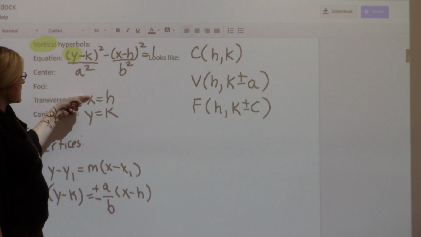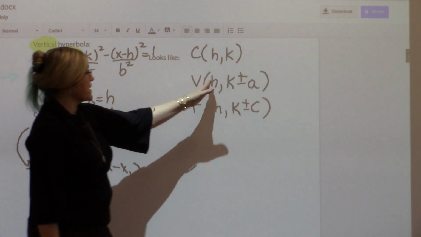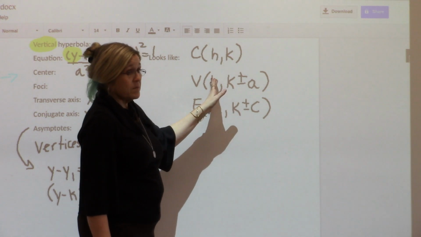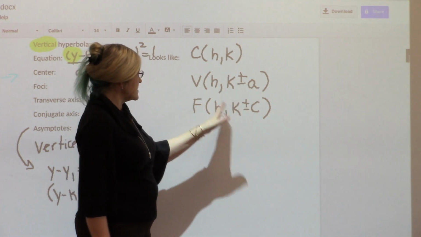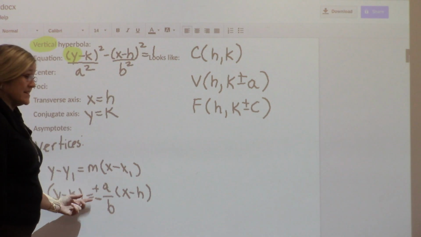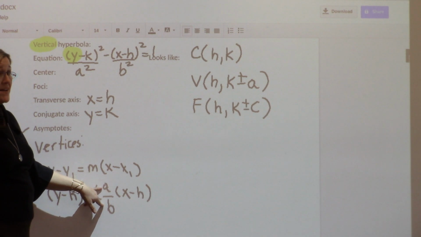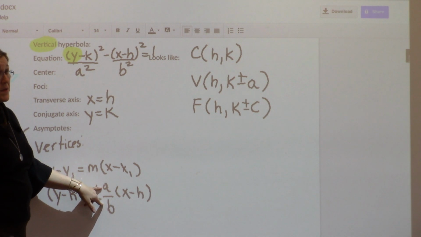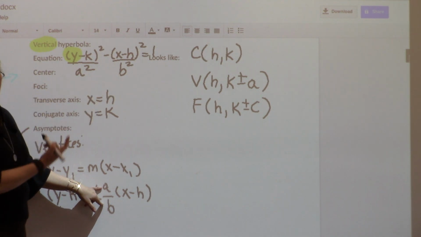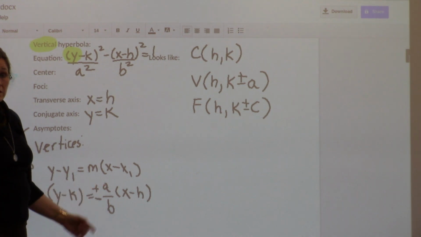Instead of this being x equals h and y equals k, we're going to, instead of this being h and k plus or minus a, it's going to be h plus or minus a and k, and this is going to be h plus or minus c and k, right? And this guy is going to change, this will stay the same, but this guy is going to change because my rise over run now is going to be, the a is going to be this way, isn't it? And the b is going to be, so this is going to also flip over, okay?